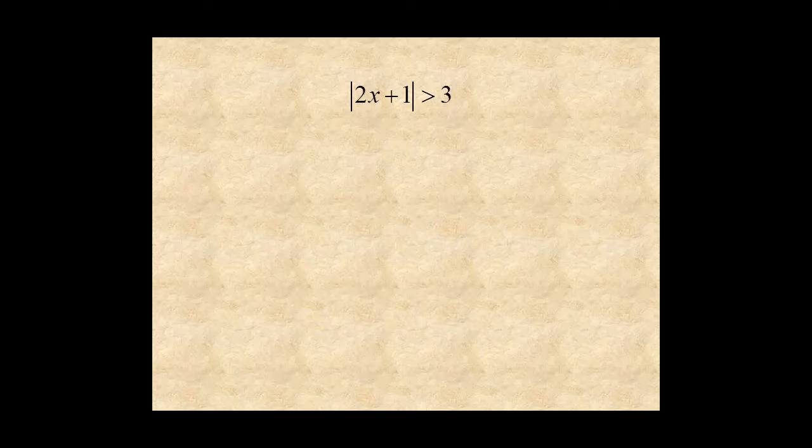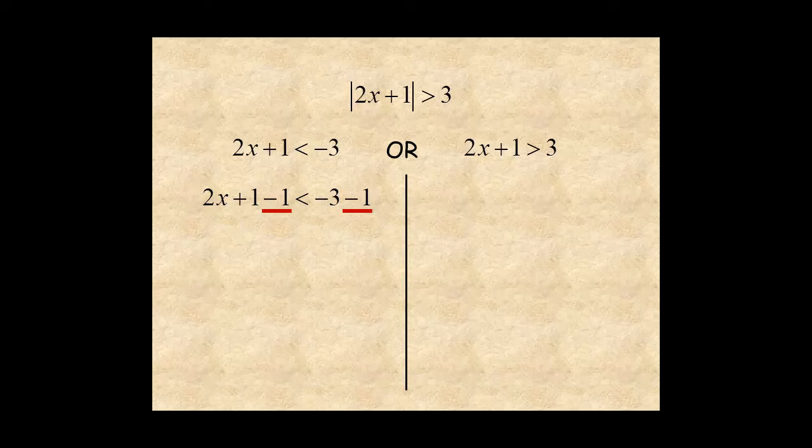Here's an example. Absolute value 2x plus 1 greater than 3 is equivalent to the disjunction 2x plus 1 less than negative 3 or 2x plus 1 greater than positive 3. On the left, subtract 1 from both sides for 2x less than negative 4. Then divide both sides by 2 for the first part of the solution, x less than negative 2.